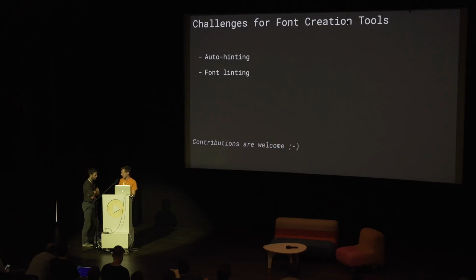You want to talk about the challenges? Yes, so there are already many things that you can do with OpenType.js to export OTF fonts, but there are still some challenges if you want to build font creation tools on the web using JavaScript. These challenges mainly have to do with the unavailability of many production tools that you're familiar with in the Python world.